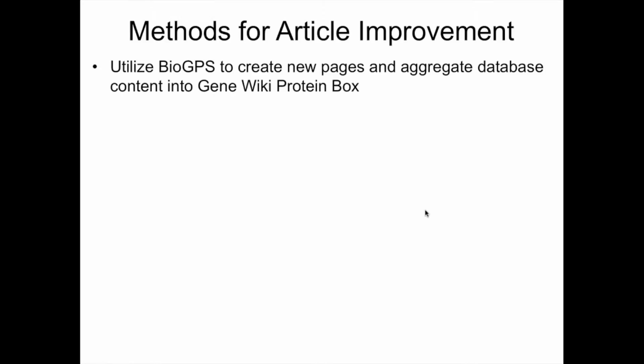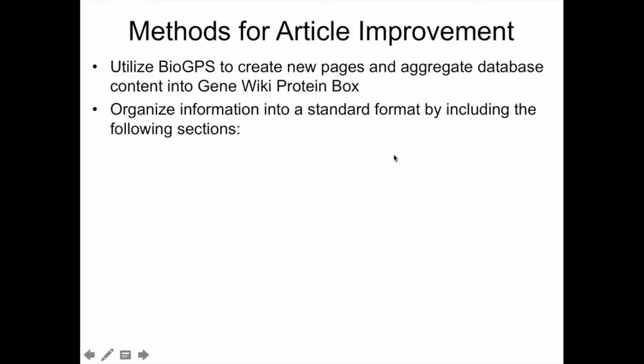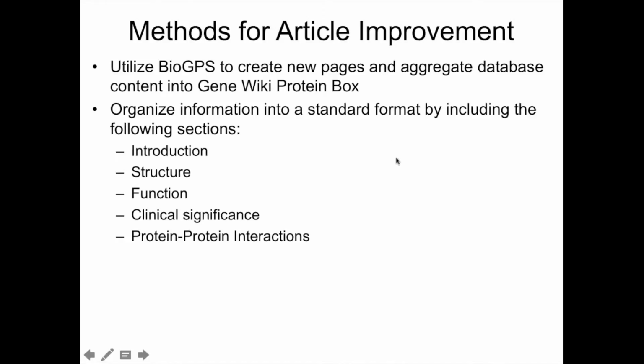Basically, our protocol for improving these articles is, this is review. I presented this before, so I'll breeze through this. We create pages in BioGPS for those lacking stub articles, and the database content is automatically presented in the protein box using the PBB template developed by Andrew's lab. Next we do intensive literature searches and populate a list of journal articles relevant to gene and proteins.